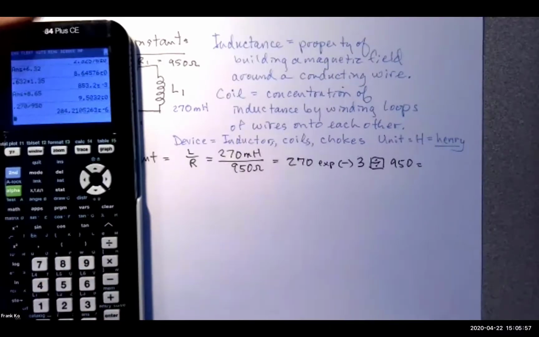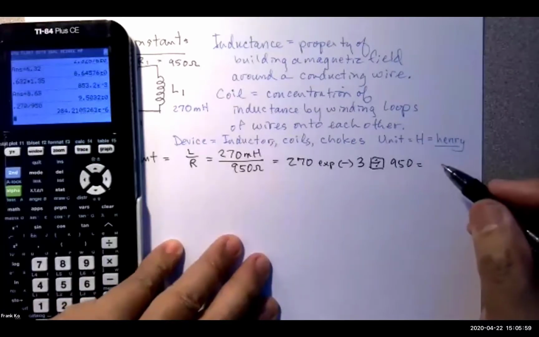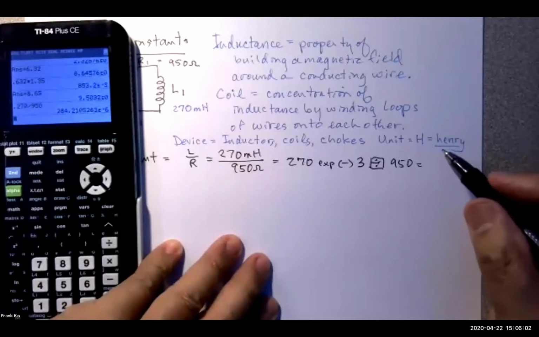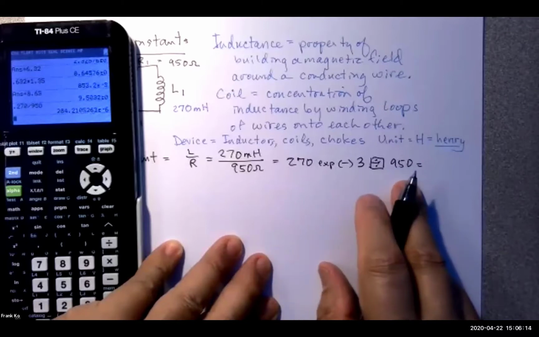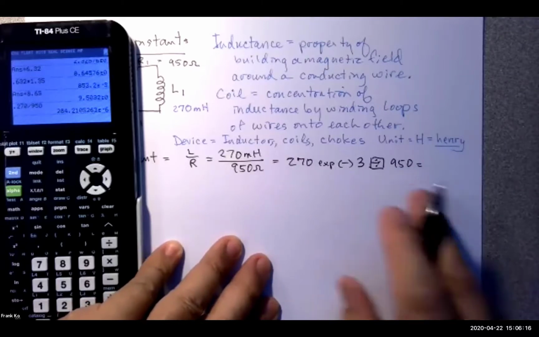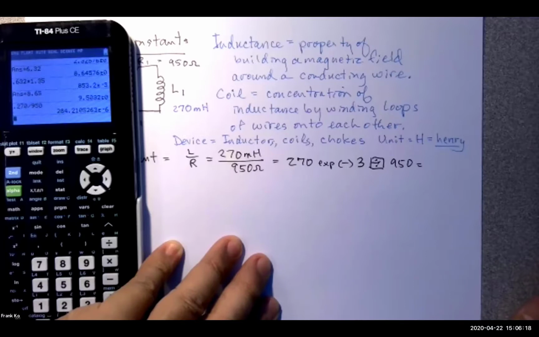So what do you have, my friend, Mr. Wenbin? 270 exponent negative 3 divide by 950. 2.842.